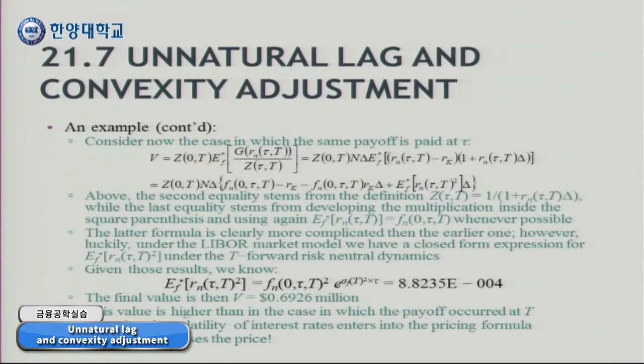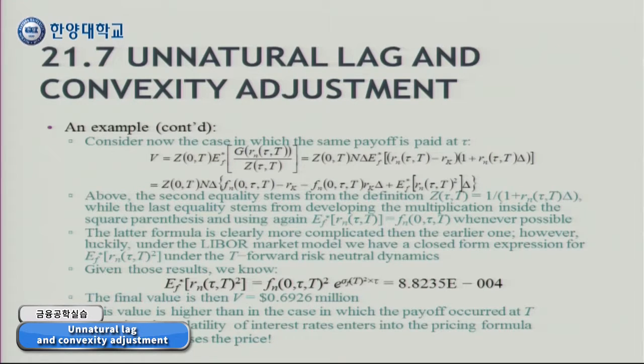We receive more money, we are happy. In addition to that, if interest goes up, the future value from tau to big T is also increasing because of the discount factor. High interest means the discount rate is smaller, which means the future value is higher.